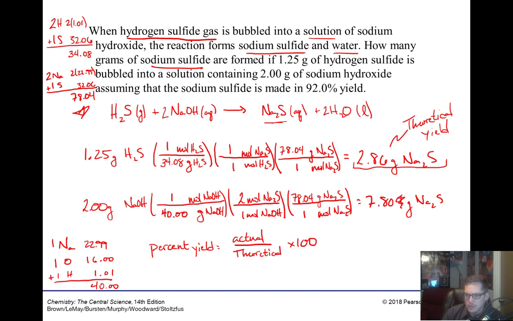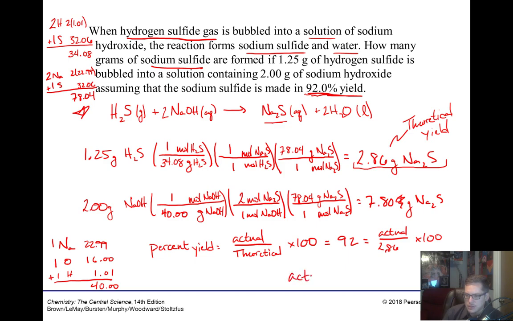We know the percent yield is 92%, and we're trying to find the actual yield. So we set this equal to 92. 92 is equal to the actual yield, which is what we want to find, divided by the theoretical yield, which is this 2.86, times 100. So we divide both sides by 100 and multiply by 2.86.